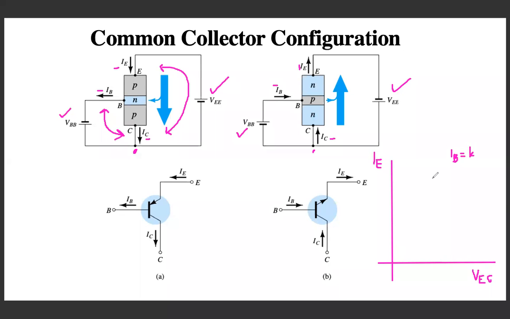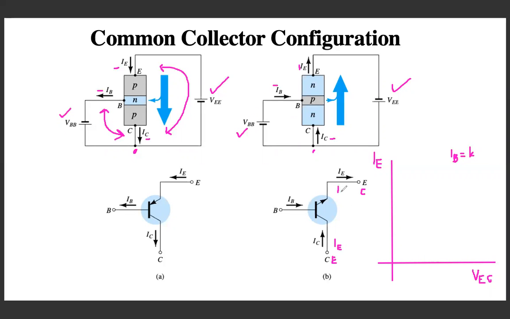Okay. Now please try to recall what we did in the output characteristics of the common emitter configuration. There was only one difference. Here we had collector instead of emitter, and here we had emitter instead of collector junction. There were current IE and there was current IC.